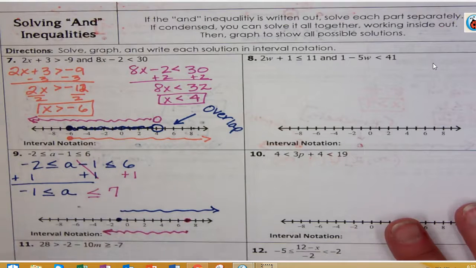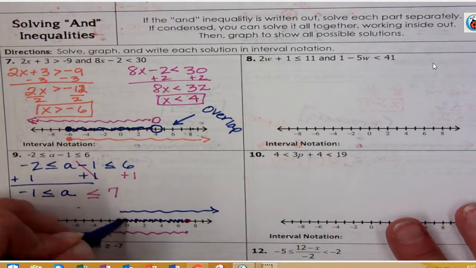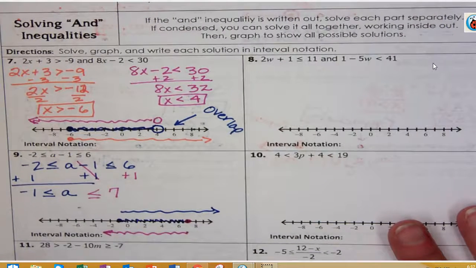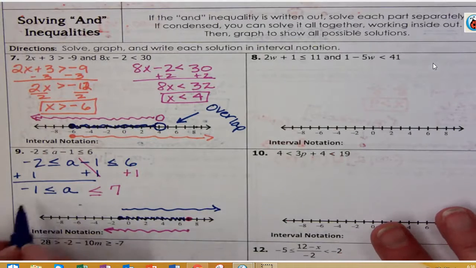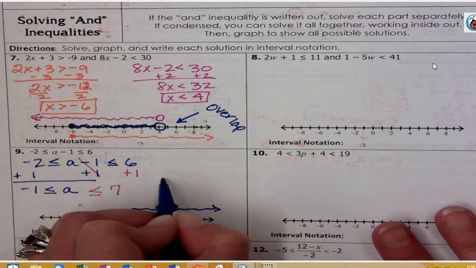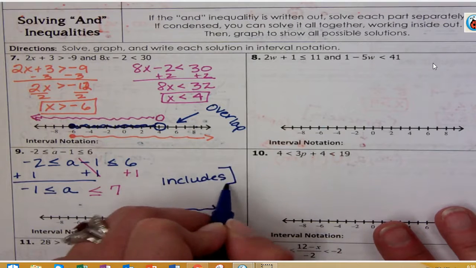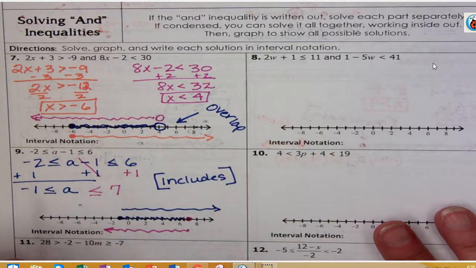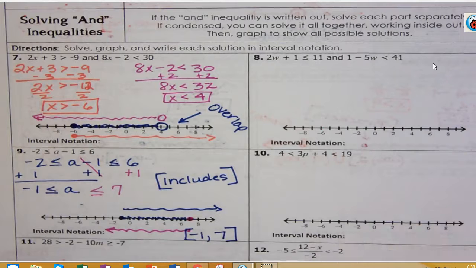And where is the overlap? The overlap is right here, right in between those two. And that's what your graph would look like. So your interval notation includes and includes, so since it includes, we're going to use brackets. So it would be -1, 7, and there you go.